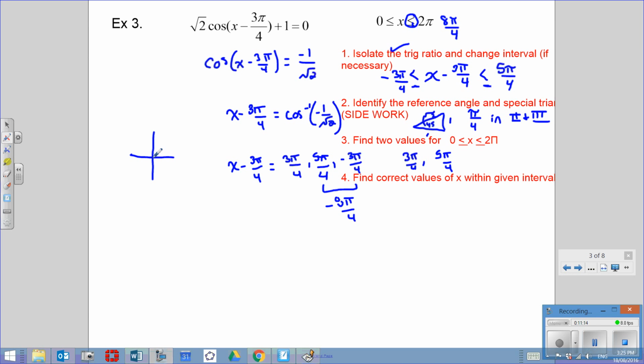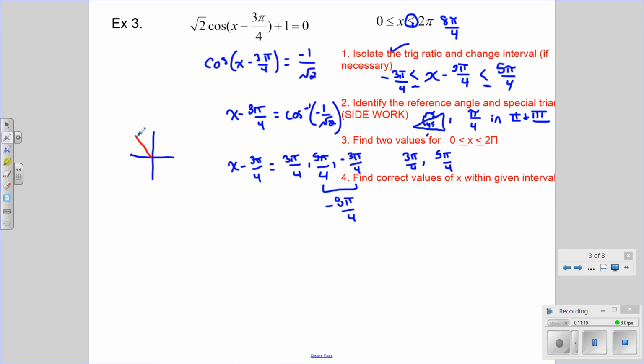Now, if you think visually about this, 3 pi over 4 is in the second quadrant. 5 pi over 4 is in the third quadrant. This is if we're starting at 0 and moving in a counterclockwise direction. However, since we are now including all values to negative 3 pi over 4, this would be moving in the opposite direction. So now that I count by units of pi over 4, here's negative 1 pi over 4, and negative 2 pi over 4 would be at negative pi over 2.